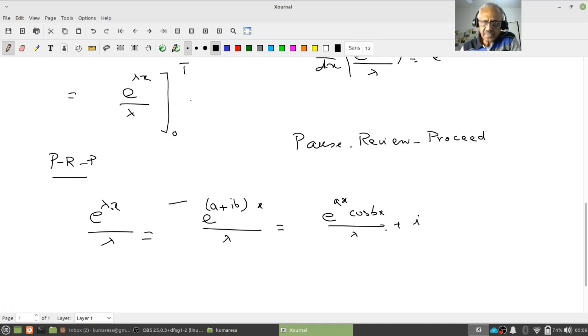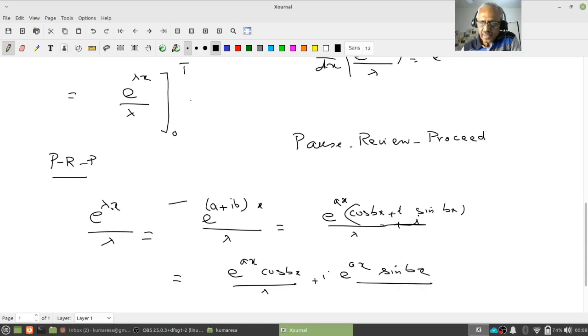Should I write it separately? Yes, I think it will be better so that I myself don't get confused. Therefore this is e power ax cos bx by lambda plus e power ax, I is there, sine bx by lambda.